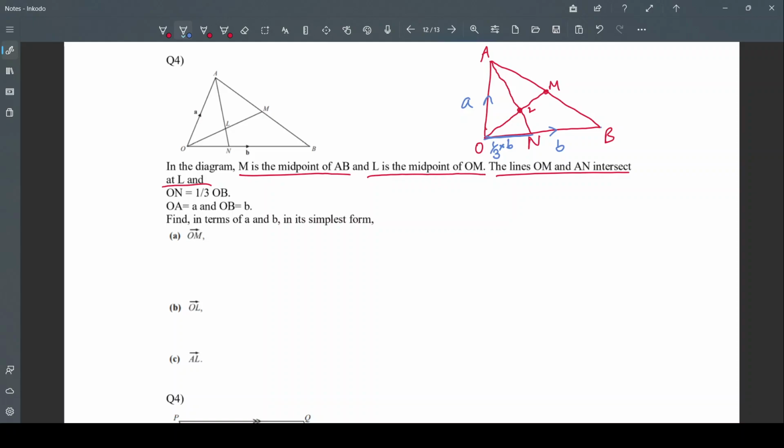The question they have asked is the OM vector. What we have to find is the OM vector, O to M. For finding this, I have to go from here to here.